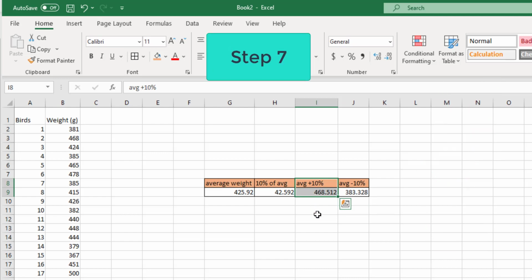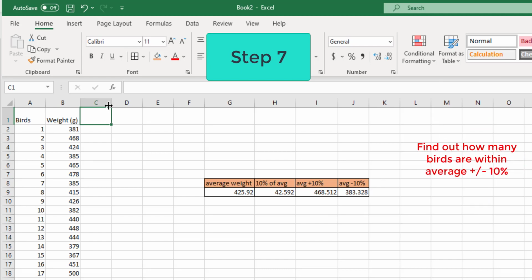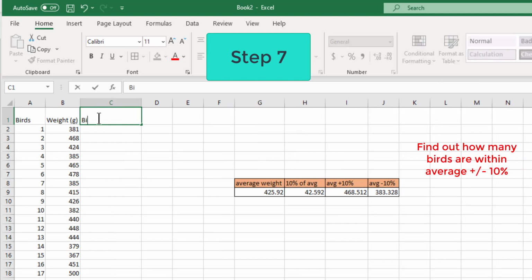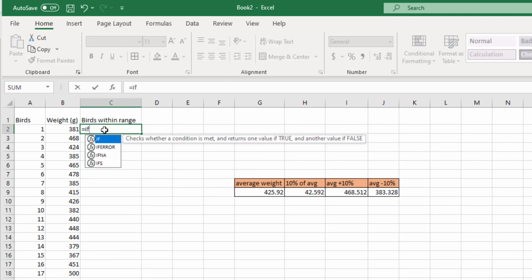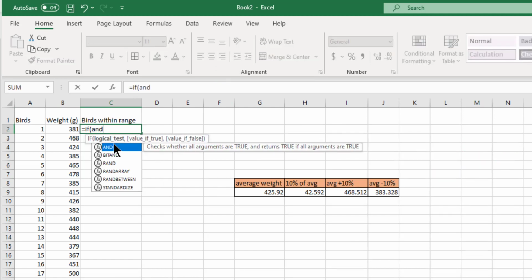Now step 7. Out of 50 birds, I will now find out how many birds fall within average body weight. I will use this formula to find out the average.